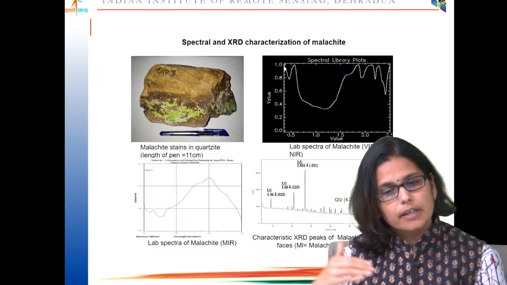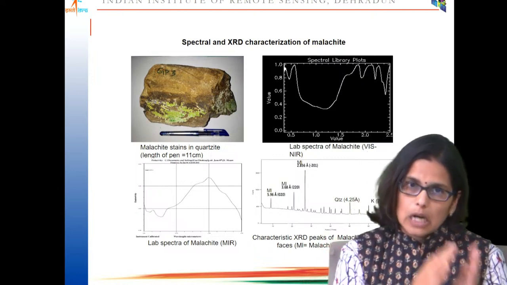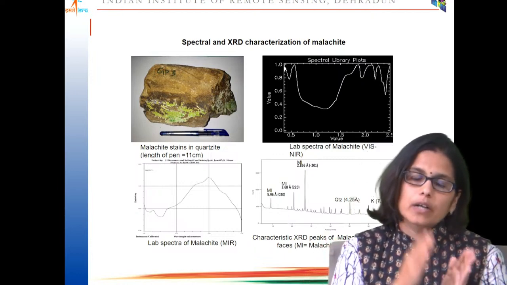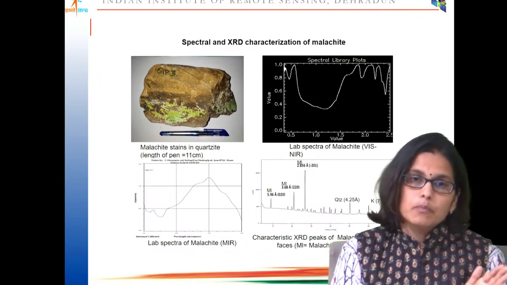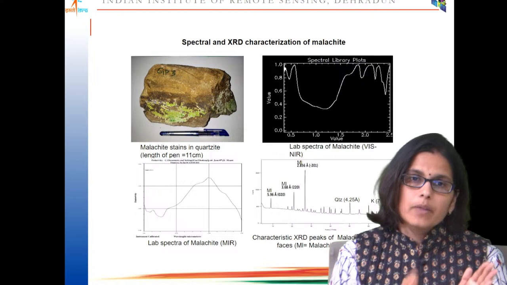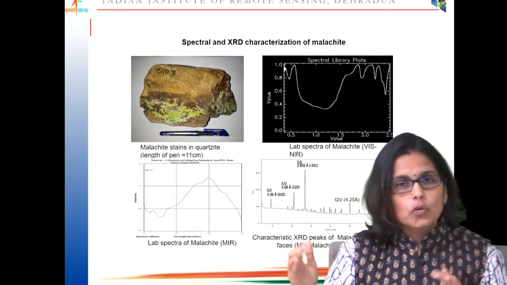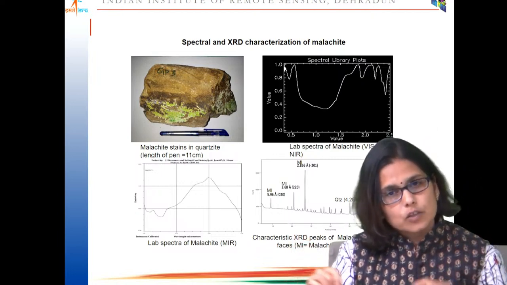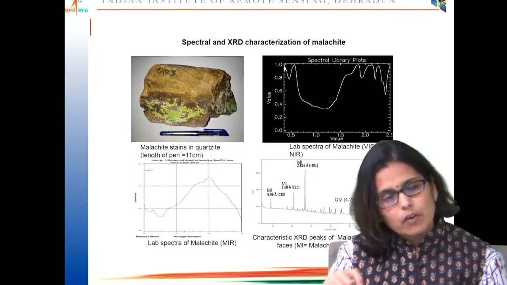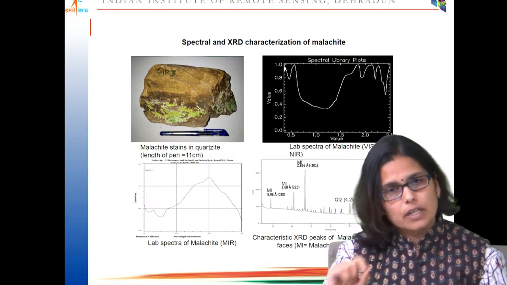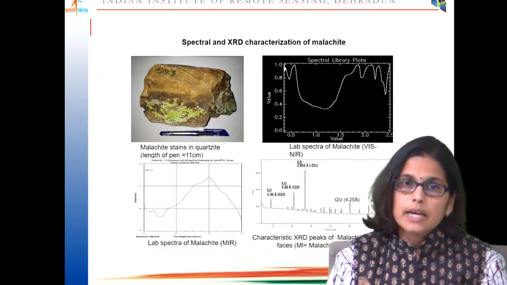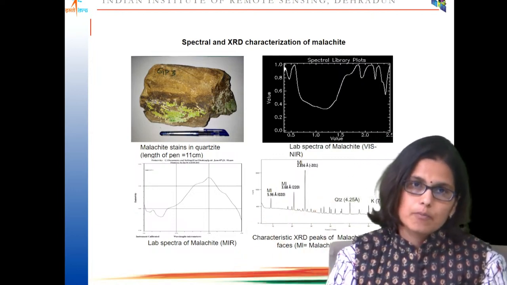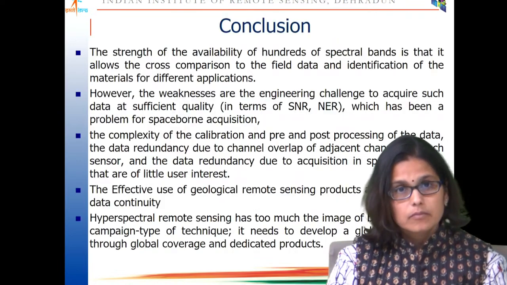Then we generate the library in such a way: ground photograph, ground spectrum, lab photograph, lab spectrum, then the XRD analysis follows, and finally we conclude that the spectra we were able to see at that particular point belong to that particular mineral. So like this, we are trying to develop the library for India.